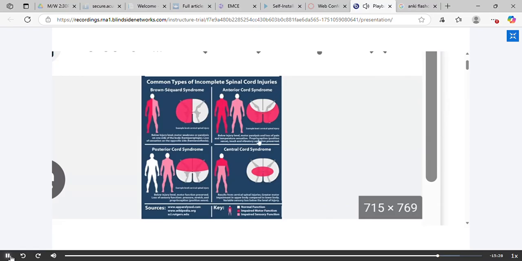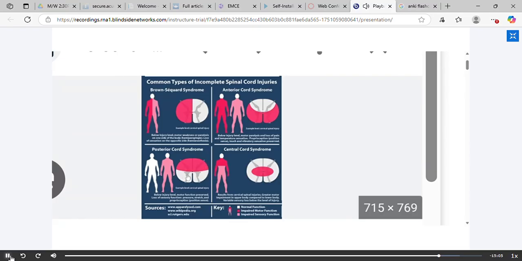They can feel you touching them, but they can't feel pain or temperature. It's really weird. So with anterior cord syndrome, they can't move, they can't feel pain or temperature, heat or cold, but they can feel you touching them.